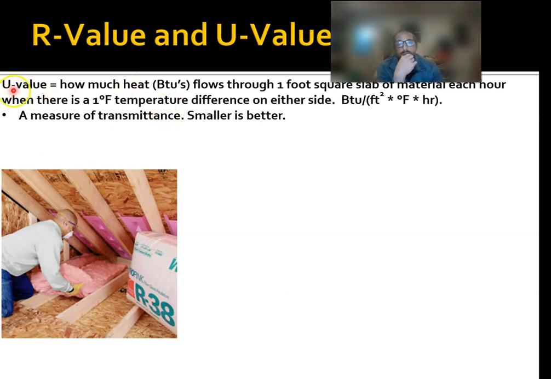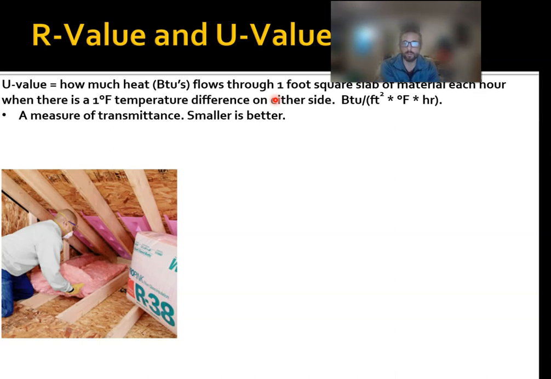U value is how much heat, in BTUs, flows through a 1 square foot slab of material every hour when there's a 1 degree temperature difference on either side. The unit implies that: BTU per square foot per degree Fahrenheit per hour. So it's a measure of how readily it transmits. A higher U means more BTUs flowing through, and therefore it's a worse insulator.